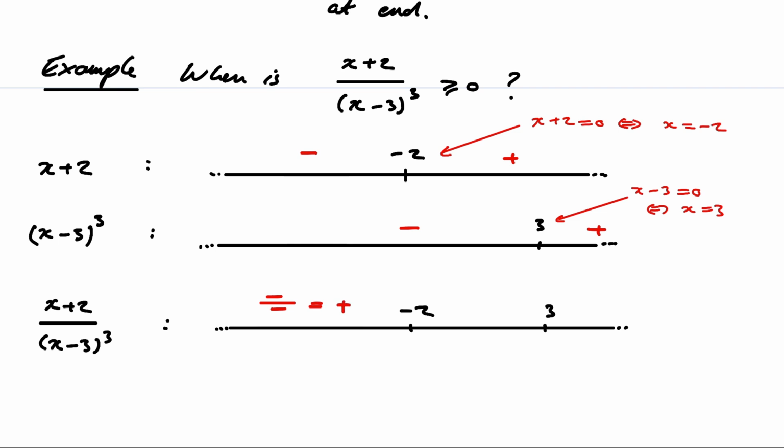Now, if I'm between -2 and 3, it would be a positive divided by a negative, which of course is negative. And finally, if I'm bigger than 3, it's a positive divided by a positive, which is positive. So I can see the sign here. If x is strictly less than -2, you are positive. If it's strictly between -2 and 3, you're negative. And if you are strictly bigger than 3, you're positive.